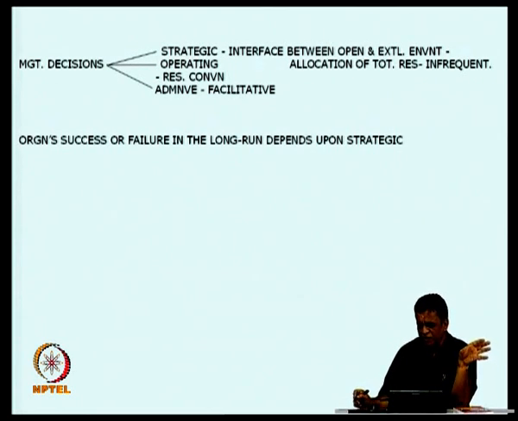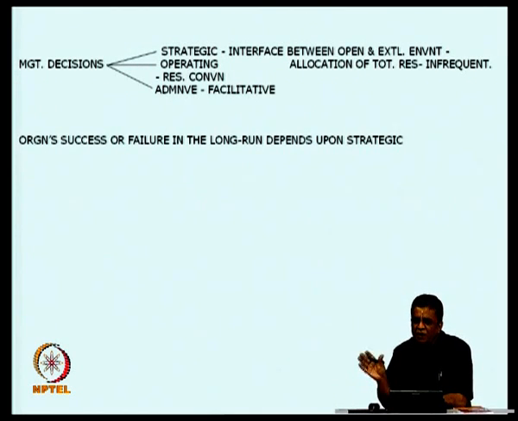When you are looking at the allocation of total resources, you want to have this interaction between the organization and the external environment. What is the type of implications it has? This will result in the allocation of resources in the most optimal manner.